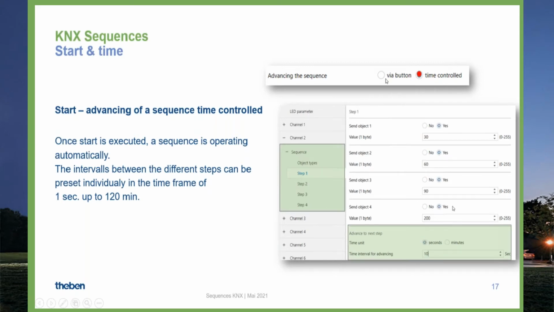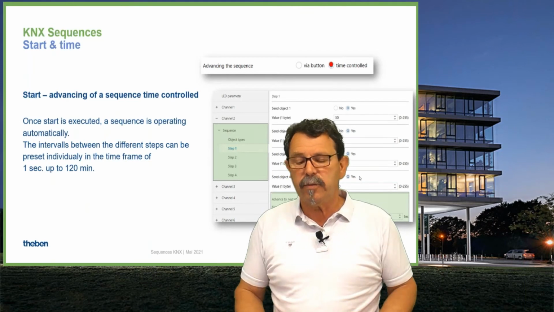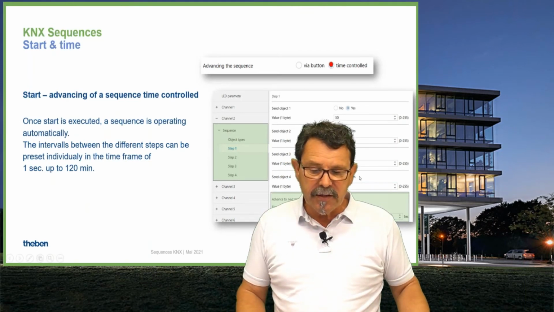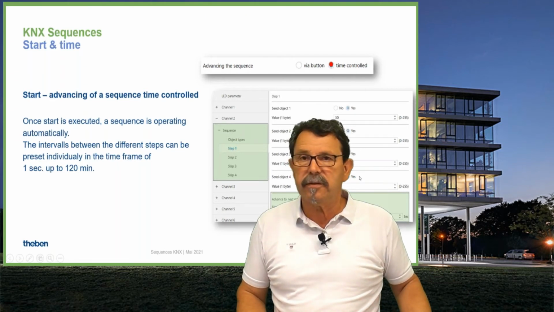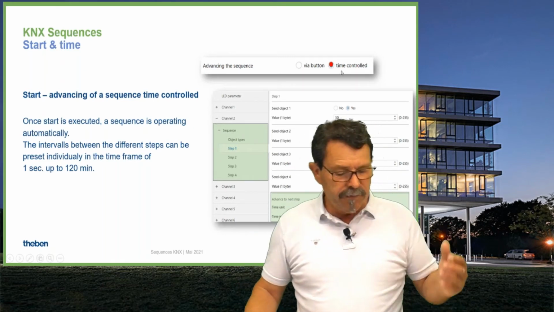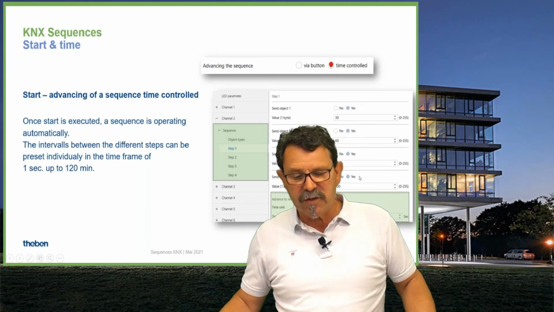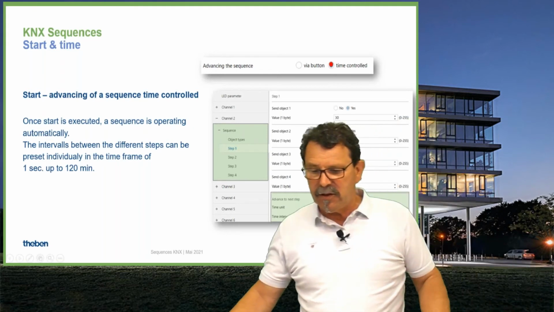If you just have the control start for each sequence via push button, so you decide if you want to press the push button to start the sequence, then these time settings are disappearing. So you do not have the chance to set them. Just in the event that time control shall be used, then you have the option to set these reasonable values here in the presentations.